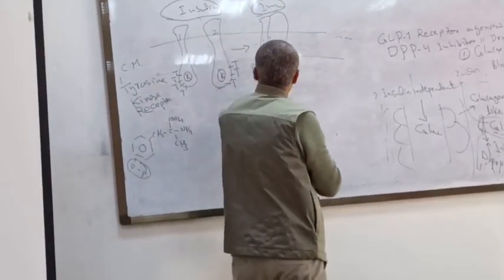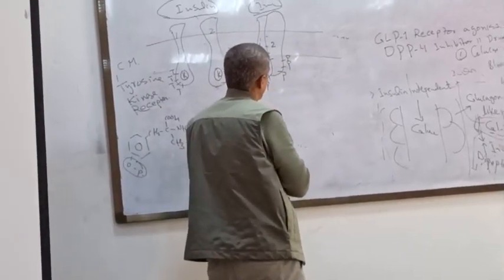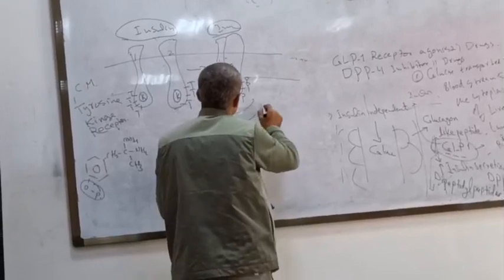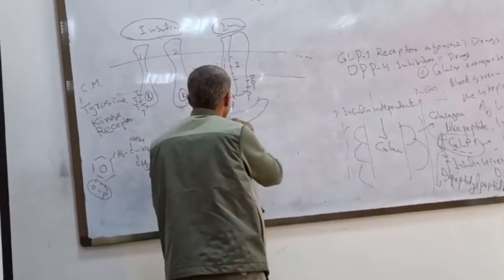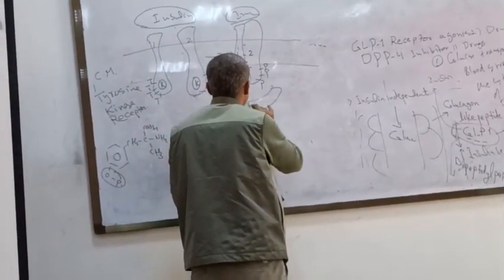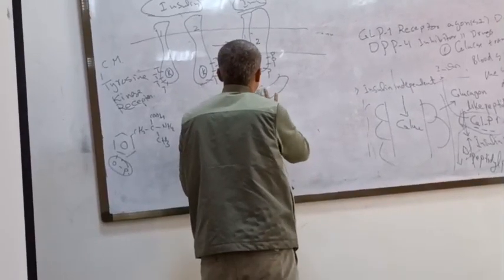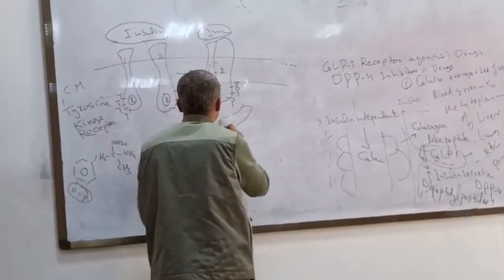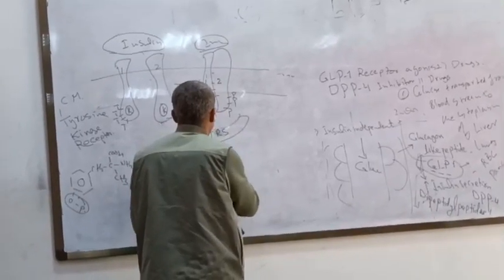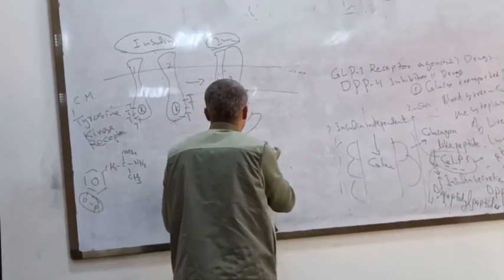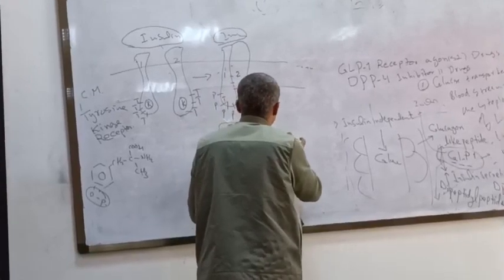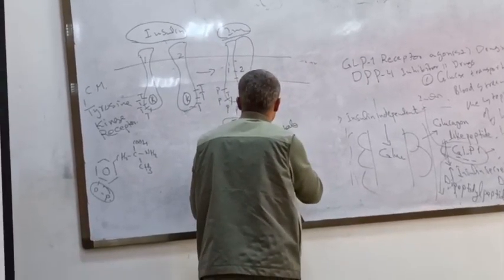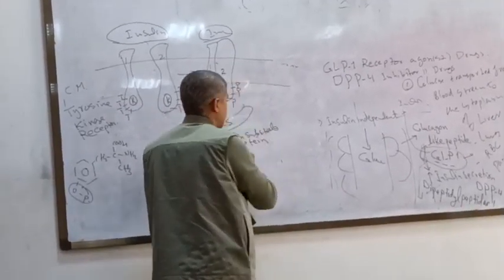When the cytoplasmic part of the receptor is phosphorylated, it will activate the protein insulin receptor substrate. Insulin receptor substrate is a protein in the cytoplasm.